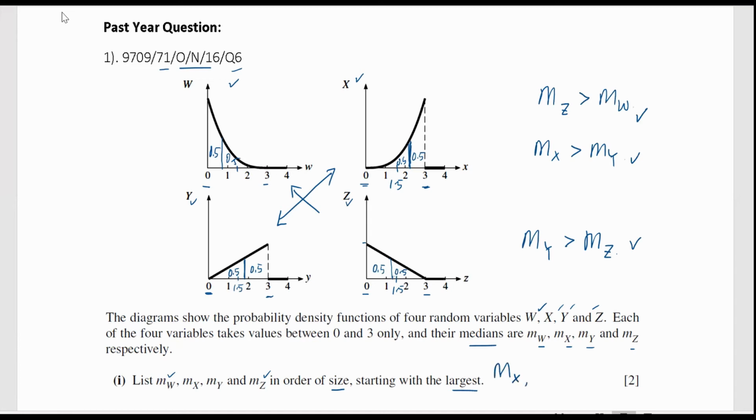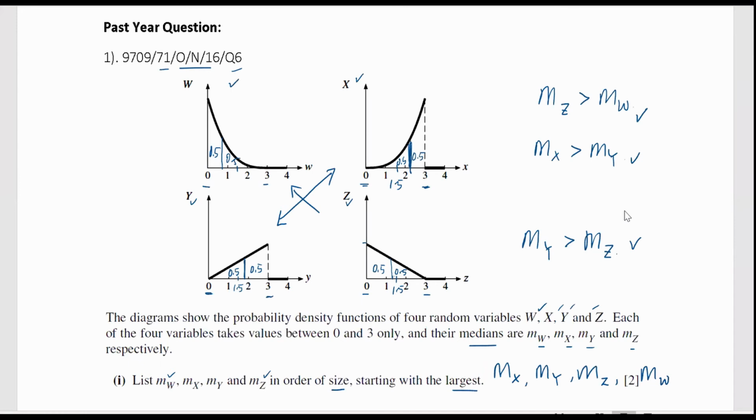Because of the curve shape, the median will be shifted to the right most, so that the area under the graph will be 2 equal halves, then followed by the median of y, then followed by median of z, and the last one, median of w.